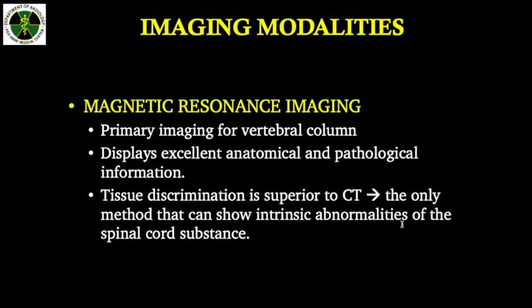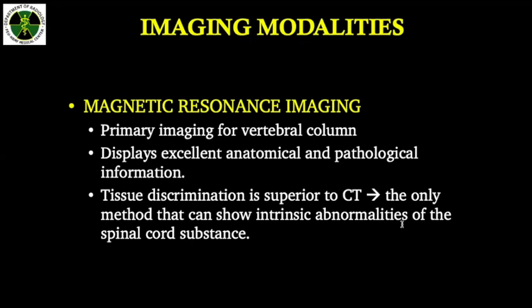But the primary imaging for the vertebral column is still MRI. This is because it displays excellent anatomical and pathological information, not just for the bone. If you remember, bones are dark, or the calcified portions of the bone are low in signal, right?